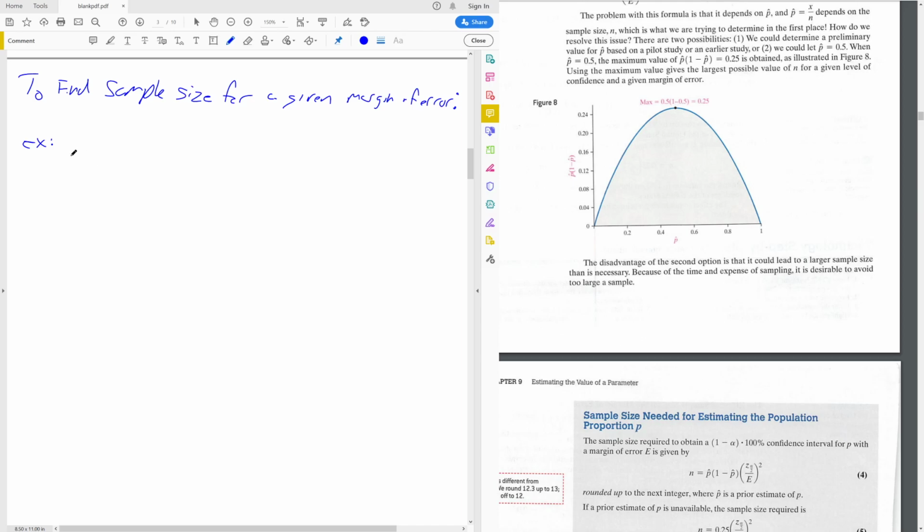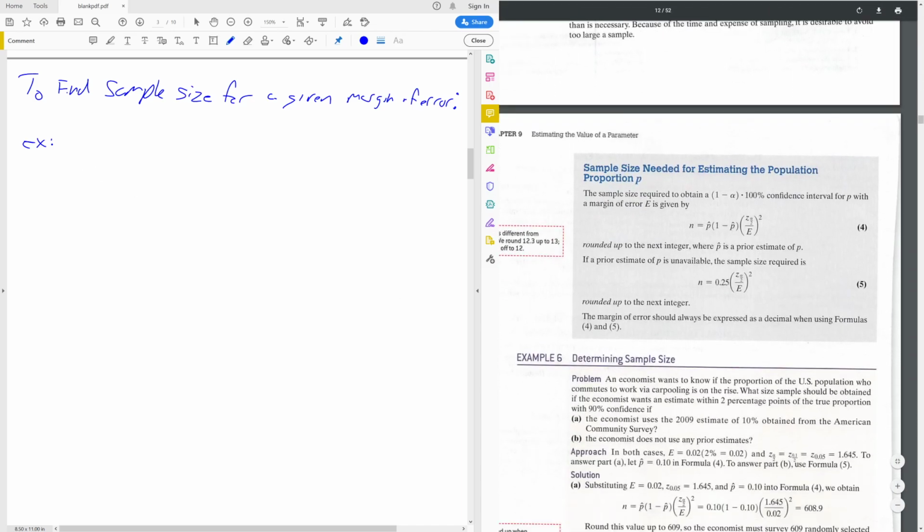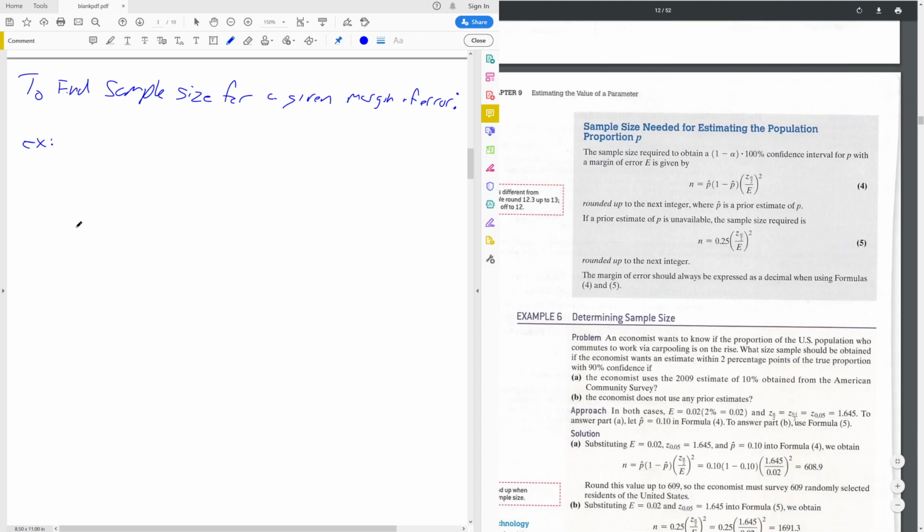So to do this, we can use algebra to solve the formula for n, and that's what the book has done for the formula.